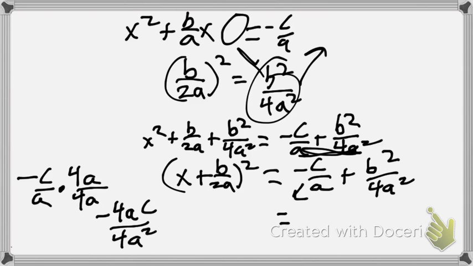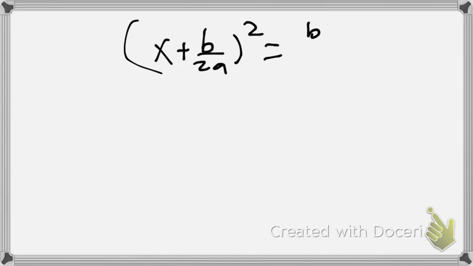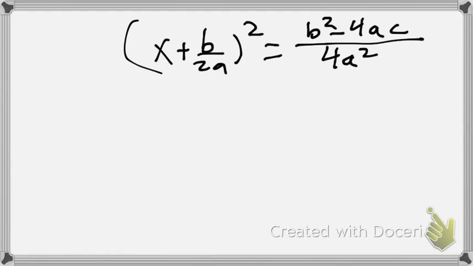So now on the left-hand side, we have that perfect square of x plus b over 2a squared equals, and then on our right-hand side, we have negative 4ac over 4a squared plus b squared over 4a squared. We add those together. We get b squared minus 4ac over 4a squared.